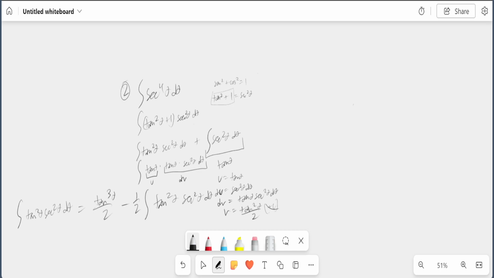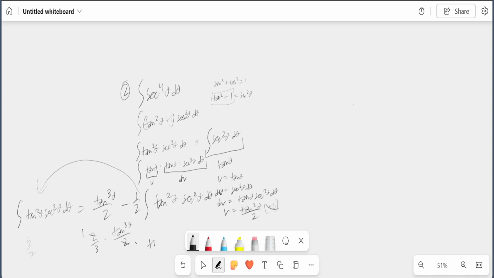So we can just make this into an algebraic expression and then treat it like an algebra problem. So then once you isolate that onto that side and divide and all that, you get 3 over 2 on this side, so 2/3 times tangent cubed theta over 2. I skipped a few steps there. Does that make sense? Yeah, it makes sense.